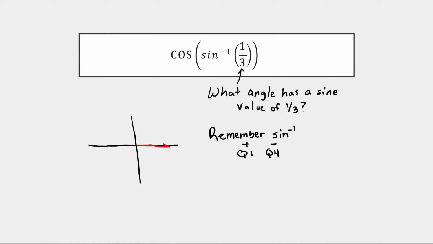And just like always, it's important that you get this angle in the correct quadrant. So again, because the 1/3 is positive and we're dealing with an inverse sine, we're going to draw our angle in the first quadrant.